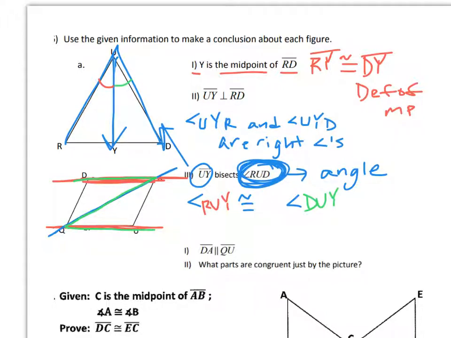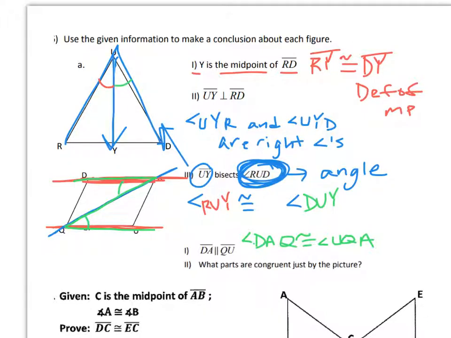Here's my zigzag, and the interior angles of my zigzag are congruent. So that one would be that angle DAQ is congruent to angle UQA. I could also have done a zigzag the other way and gotten the other two angles, but I'll just go with that one.